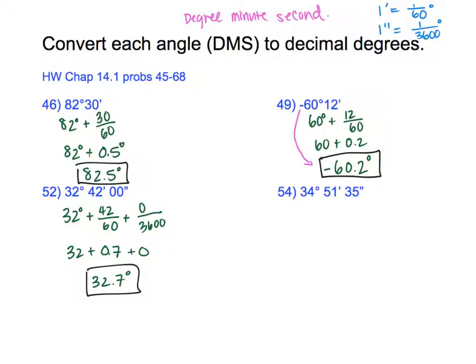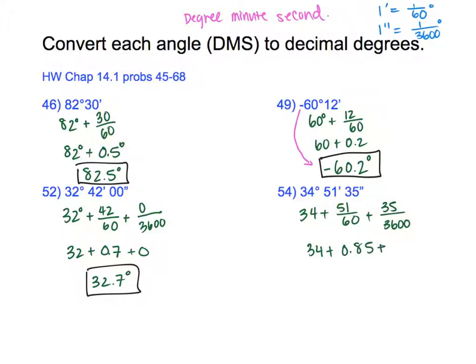And then for this one, I have 34. So I'm going to bring that down, plus 51 divided by 60, because that's in minutes, and 35 divided by 3,600. Now if I work this out, if I divide the 51 over 60, that's 0.85.